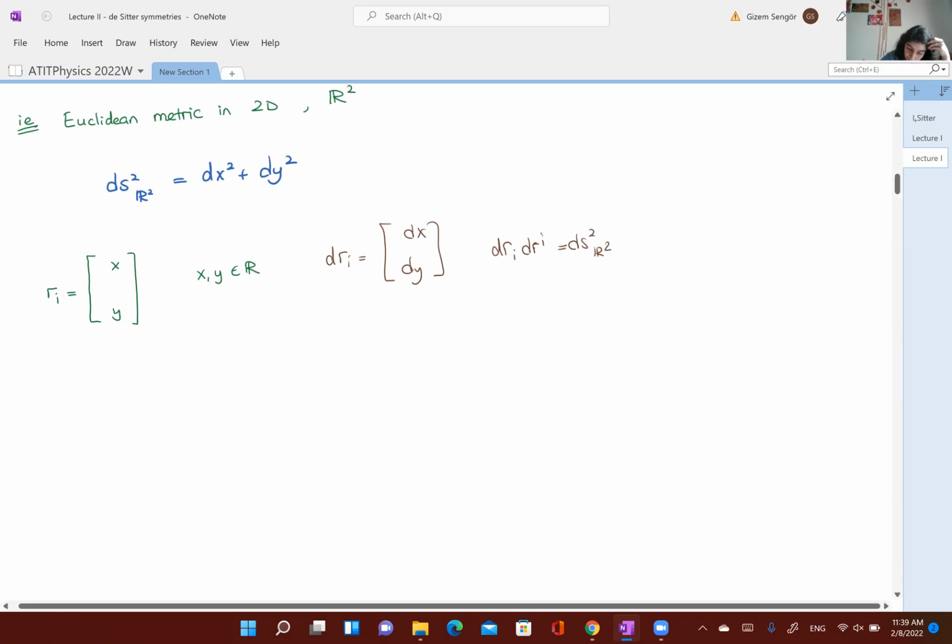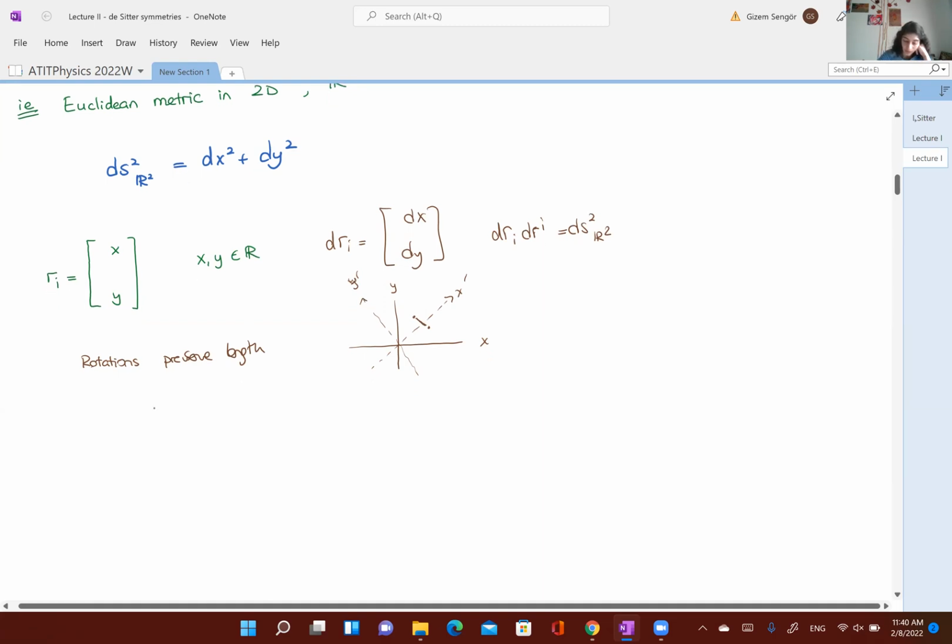The first thing is, by definition, rotations preserve lengths. So on 2 dimensions, I can just rotate this plane by some angle. The coordinates will change. So if I am looking at the distance between 2 points, the coordinates of these points will change, but the distance between them will not change.